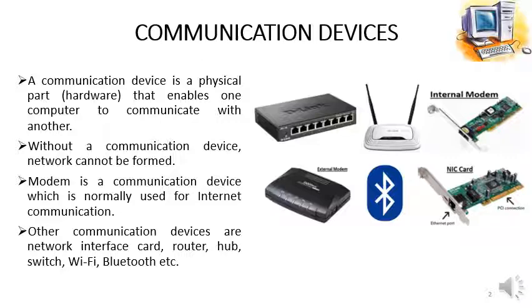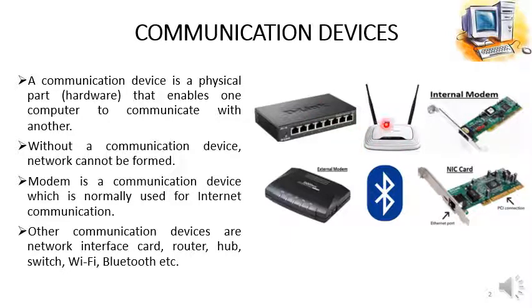Here in this picture we can see different network devices or communication devices. This device is a switch, which is mainly used to establish a local area network, a wired local area network.